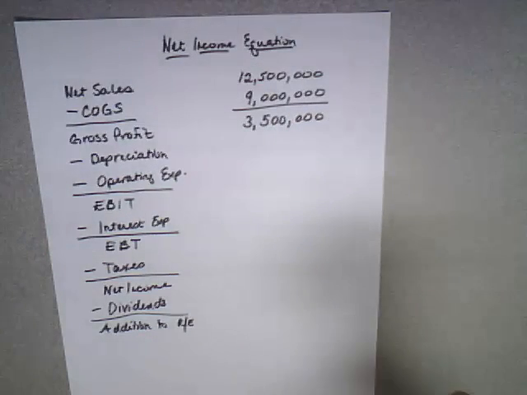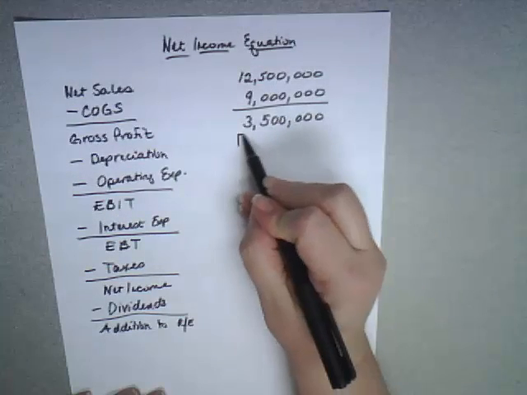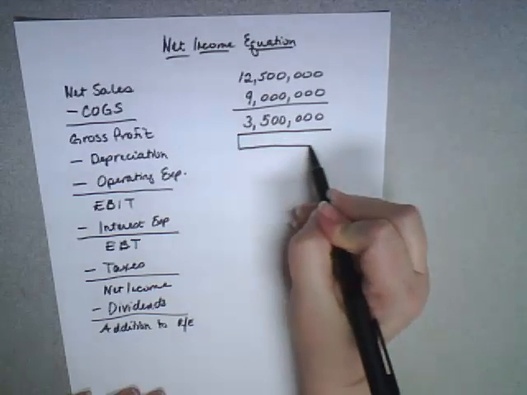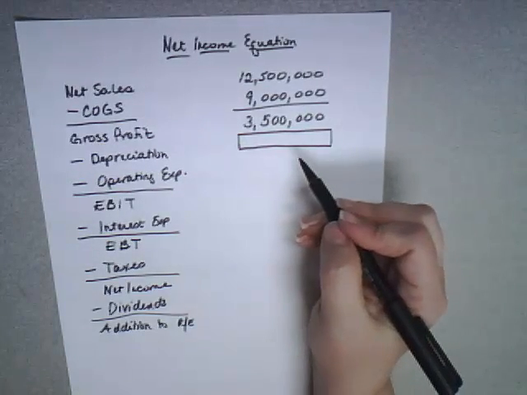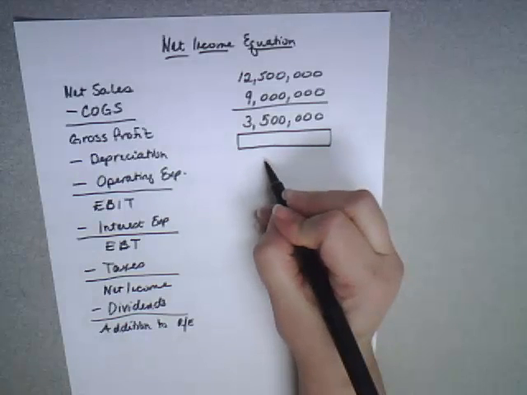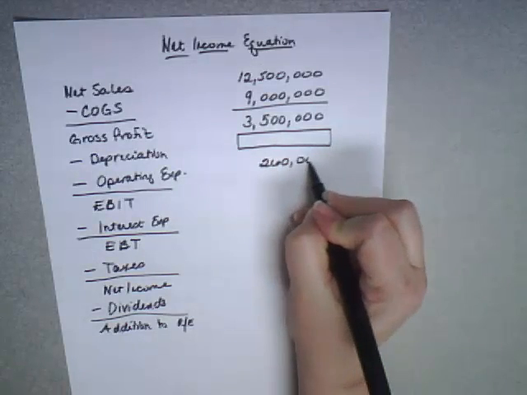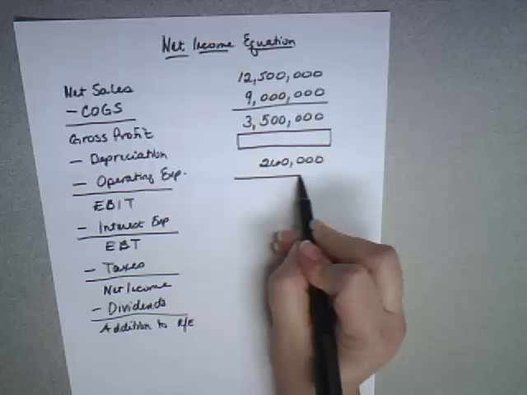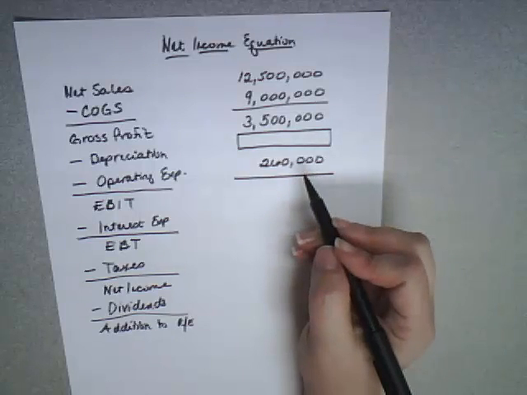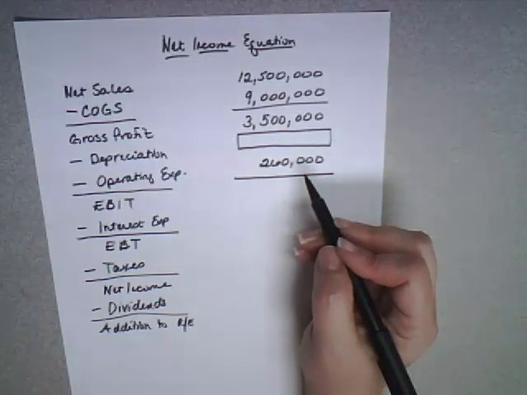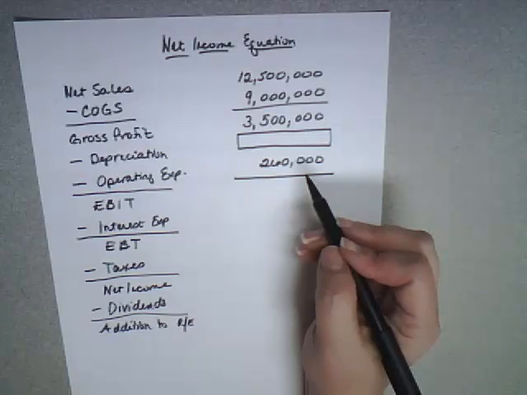Okay. It wants us to calculate depreciation expense, so we'll leave a box there since we don't have it. We know that we have operating expenses of $260,000. Okay. Then what's next? Addition to retained earnings.